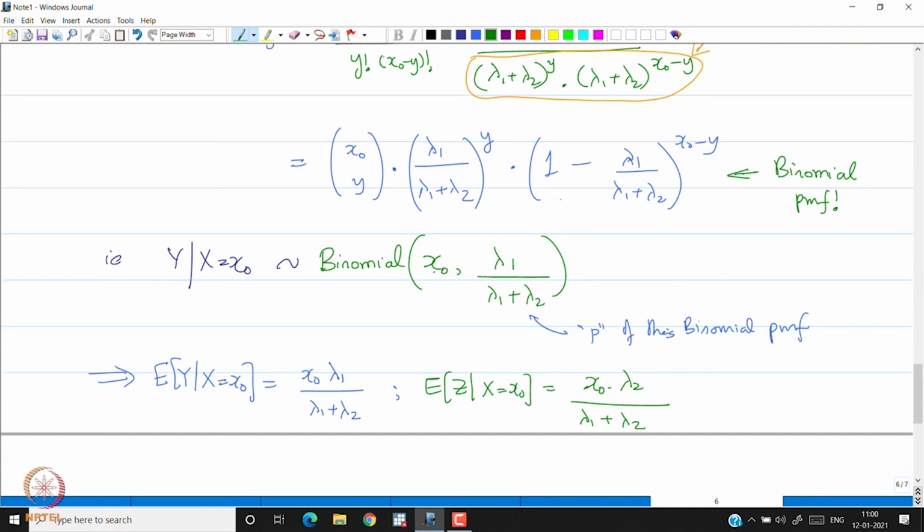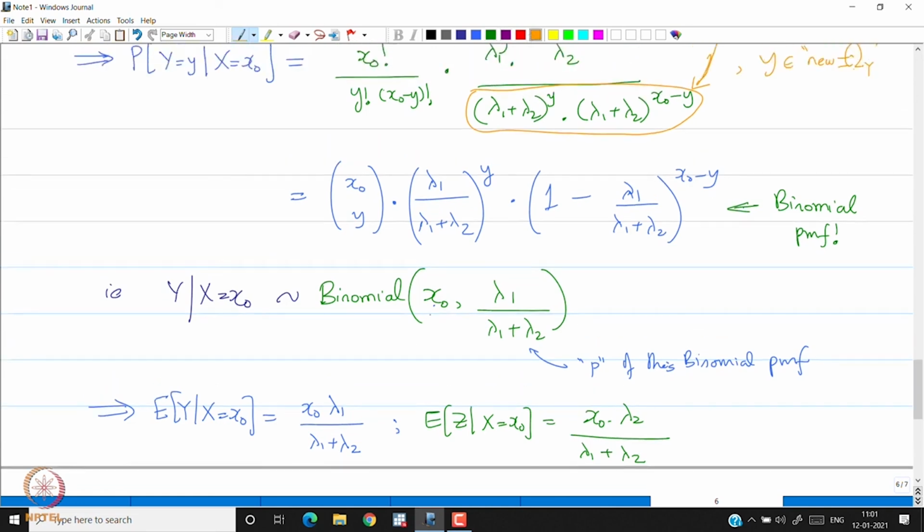And remember, if you are given a binomial PMF and you are asked to find the mean value, you just simply multiply the n and the p. What is this x naught in this case? It is just the n of the binomial PMF.